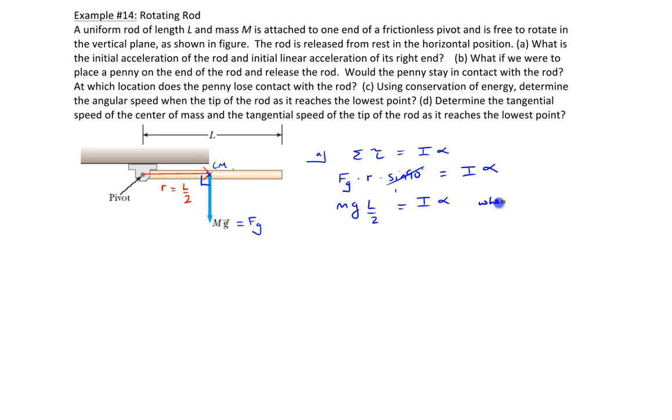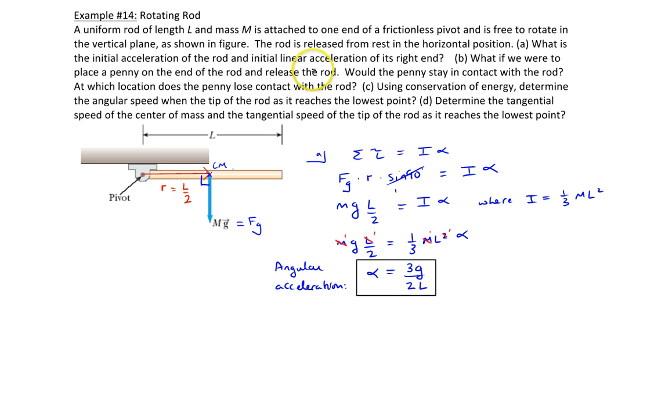So we're going to replace our moment of inertia with 1/3 mL squared in this expression. So we have mgL over 2 equals 1/3 mL squared multiplied by the angular acceleration. You'll see the mass cancels out, making it independent in this problem, and one of the L's cancels out here. And solving for the angular acceleration, we're going to get an answer of 3g all over 2L.